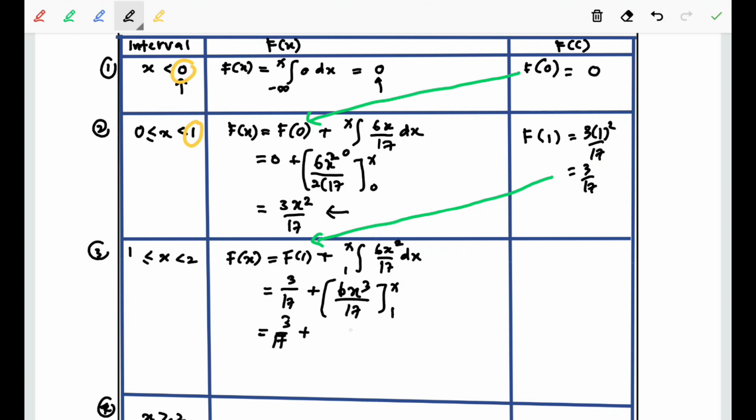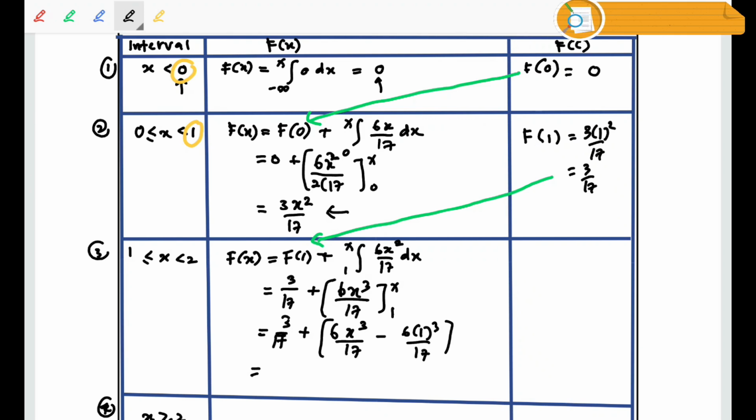3 over 17 plus this integration, so 6, we substitute the limit, so 6x cubed over 17 minus 6 times 1 cubed over 17. So then, if we simplify every single thing here, I forgot, this should be 3 here.